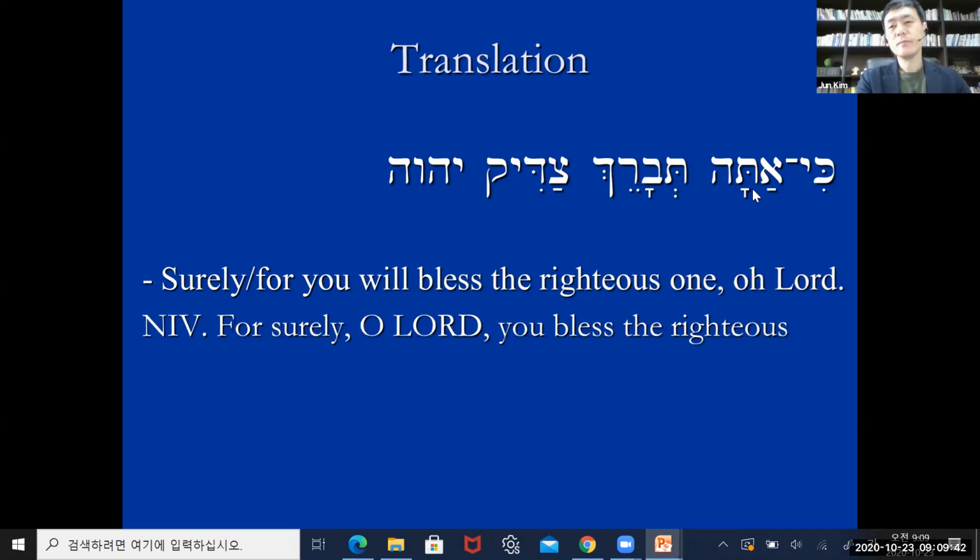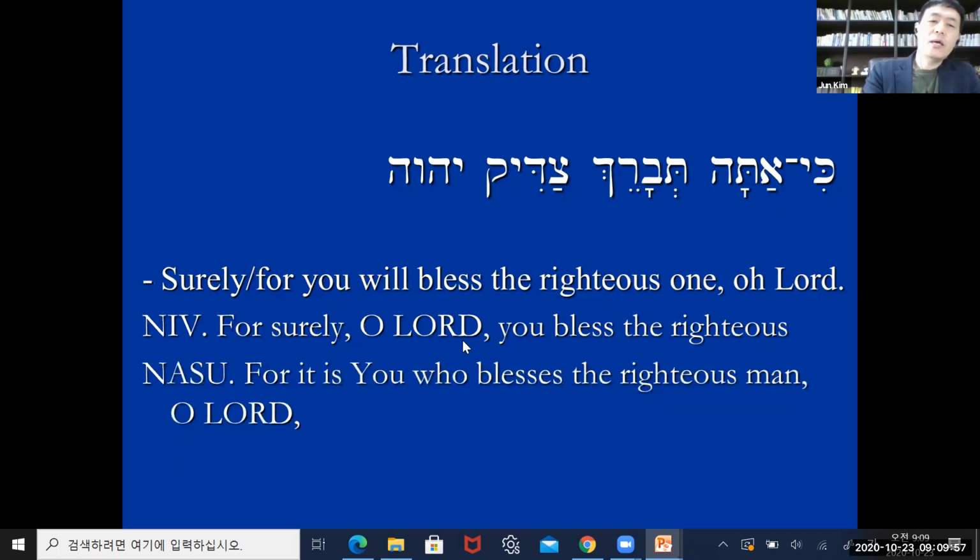For you surely will bless the righteous one, O Lord. And NIV puts, for surely, O Lord, you bless the righteous. And ESV, for it is you who bless the righteous man, O Lord.